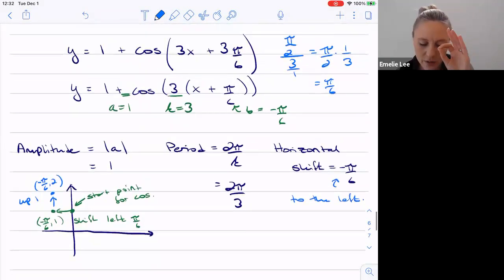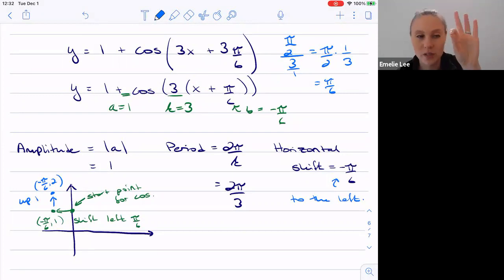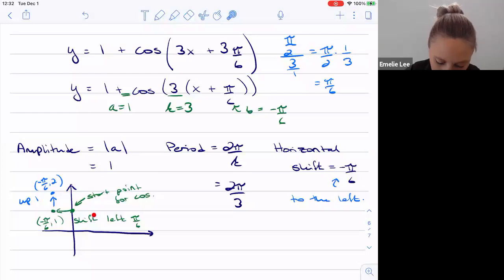And there's no flipping going on here, there's no negative cosine, so it's just going to go from this point, it's going to go down, and then it's going to go back up. One cycle is going to happen in a distance of 2 pi over 3, right? So at negative pi over 6 plus 2 pi over 3, everything's going to happen in that distance.